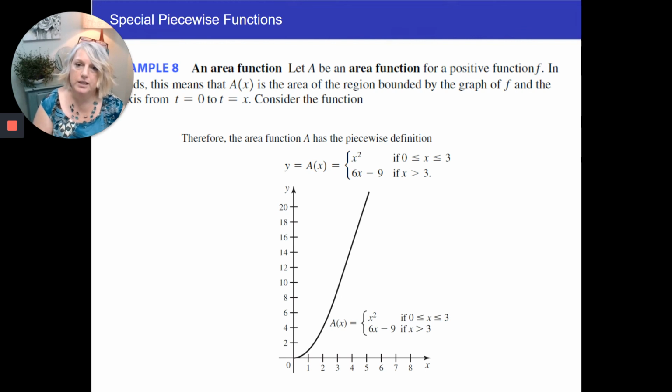Integration is looking at working backwards from the slope function to the original function, and that working backwards has to do with the area under the curve. So we create this area function that's going to allow us to work backwards and get a function back from knowing the slopes. That's kind of the two parts of calculus.